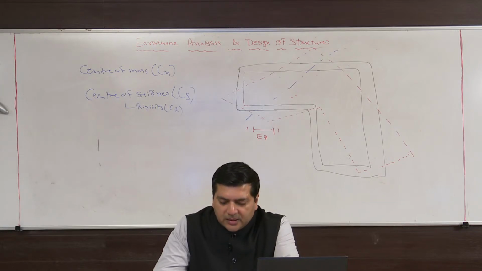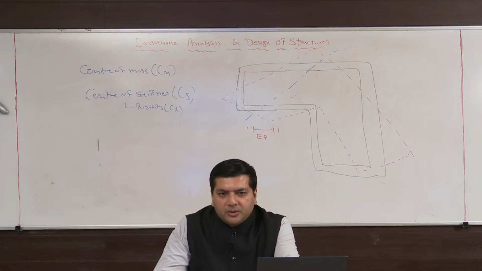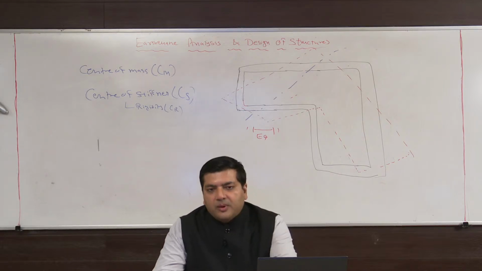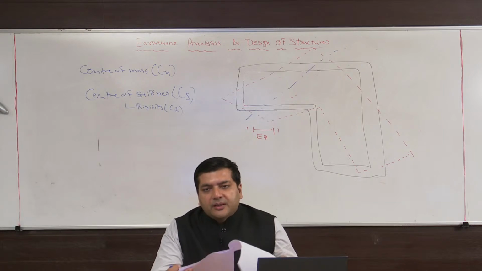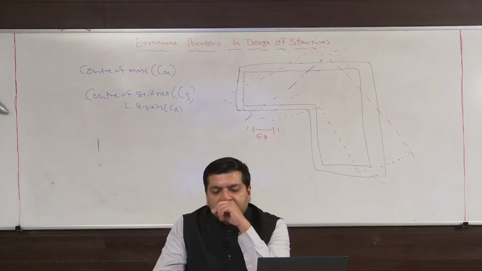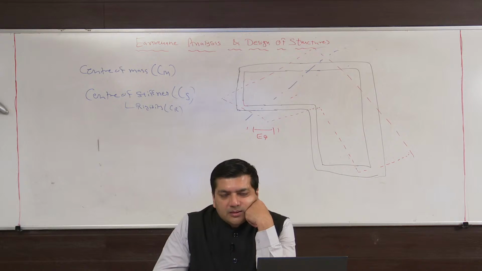Sir, please repeat. The point through which the resultant of the restoring forces of a system acts. In center of mass, what was the definition of center of mass? Anyone can read out?